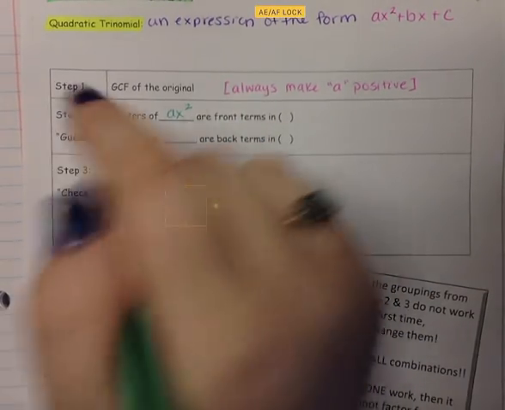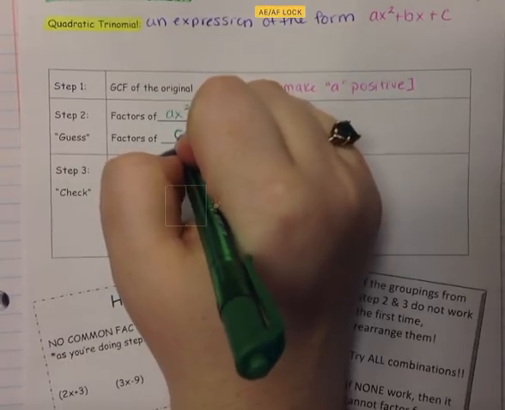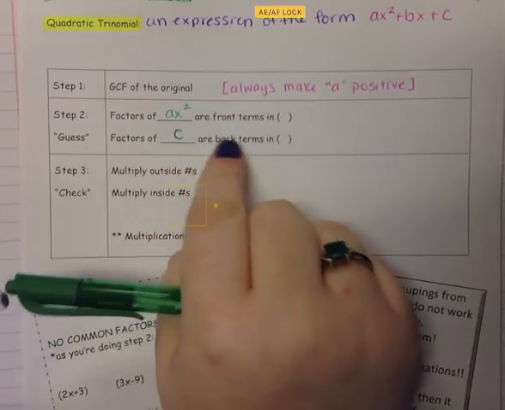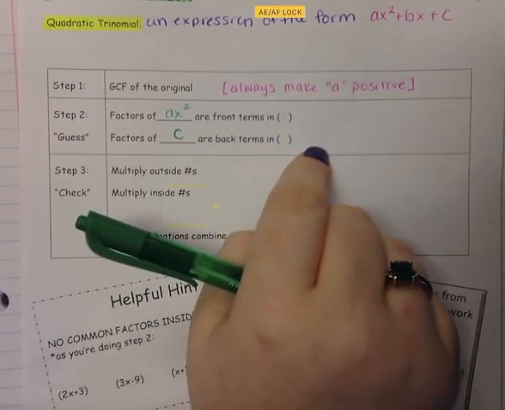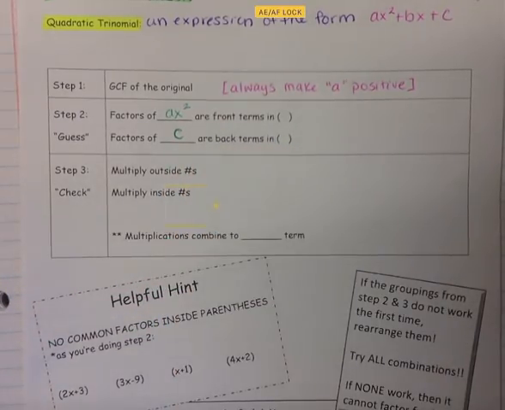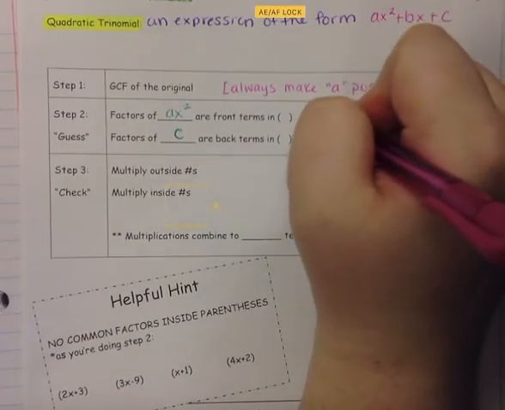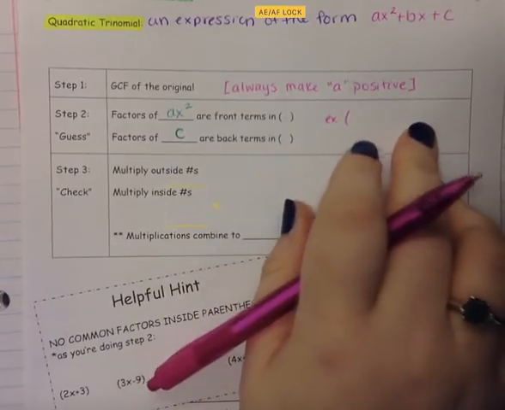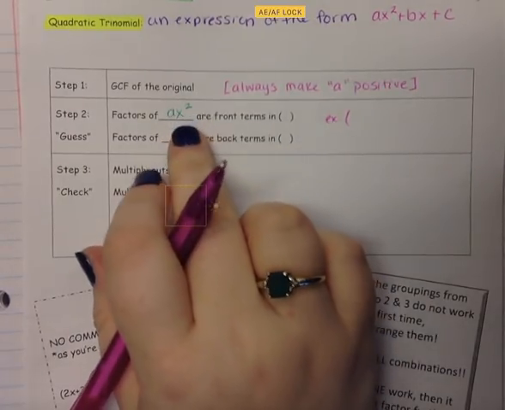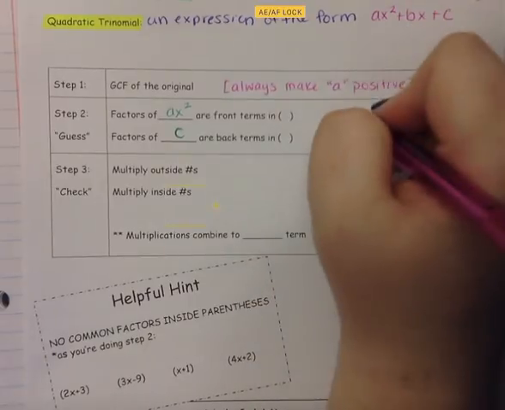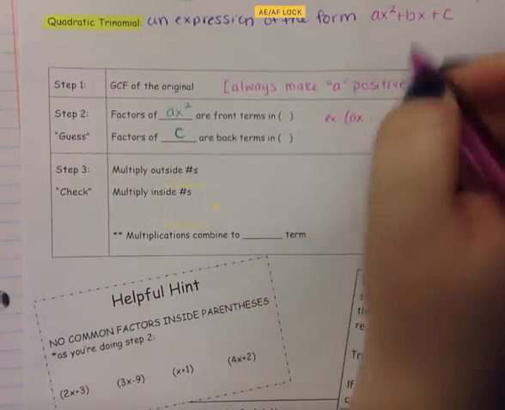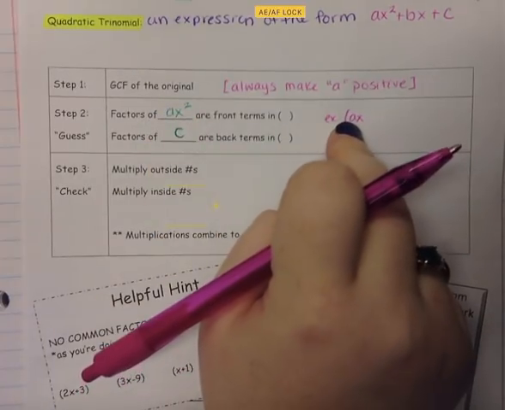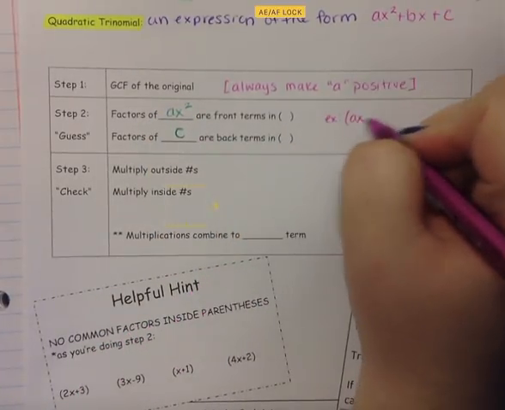The factors of the c term, that's your last term, your constant, are the back terms inside your two sets of parentheses. So, for example, it might look like this. This is just an example, and it will not exactly look like this, but this is what I'm trying to show you. The factors of ax squared, so if I say like ax, because I know x times x gives me x squared, something gives me a, that'll be in the front.